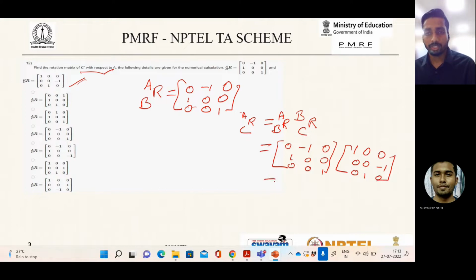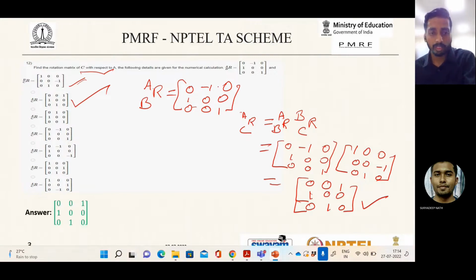If you multiply, you will get 0 0 1, 1 0 0, 0 1 0. This will be the correct answer. If you look into the options, the first option is correct. So the rotation matrix of C with respect to A is 0 0 1, 1 0 0, 0 1 0.